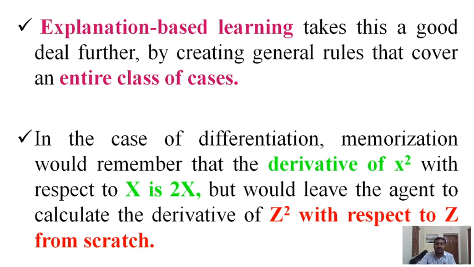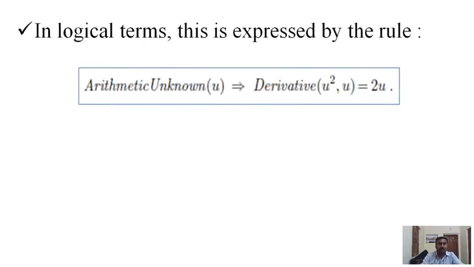So we are leaving the agent to calculate x square with respect to x from scratch. In logical terms, this is expressed by the rule. The solution of the derivative of x square with respect to x is 2x.